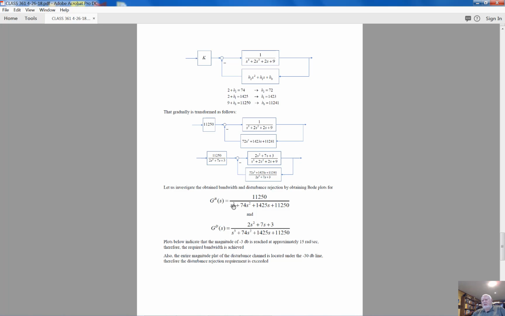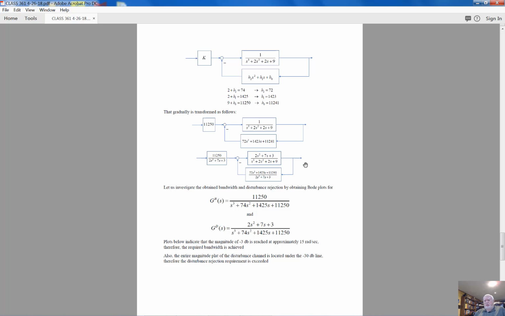Transfer function for the reference is, as you know, equal to the desired closed loop system transfer function. I wrote it right away. If I wouldn't, I probably could work on this transfer function and get the same result. Now, this is the transfer function for the disturbance for the closed loop system. This is the transfer function that relates to this point where disturbance is applied to the output of the system.